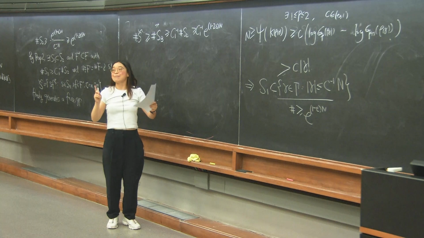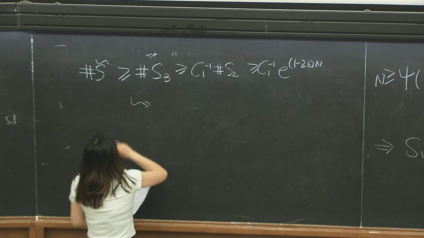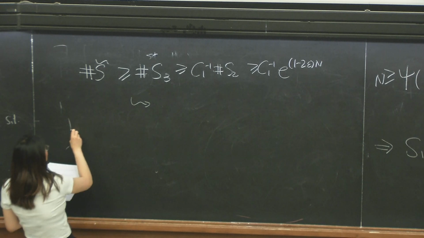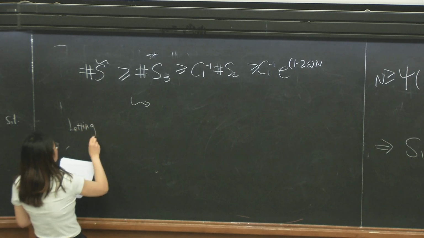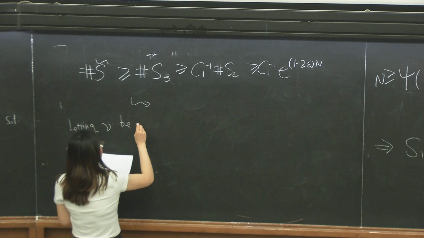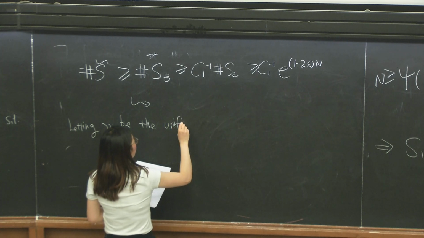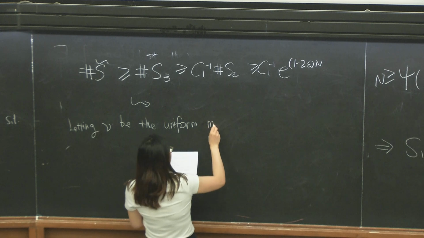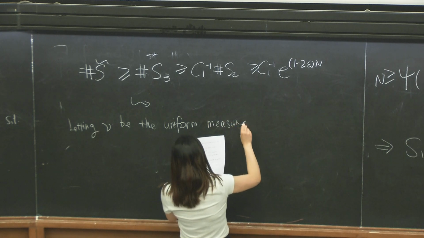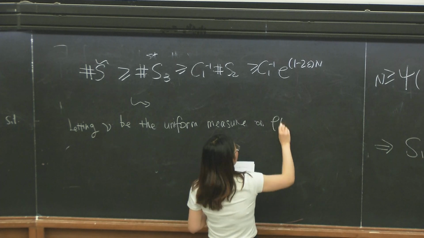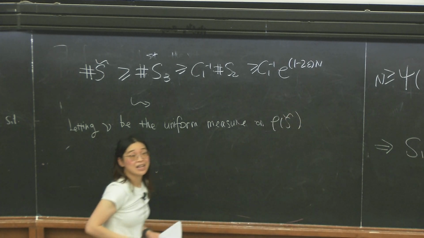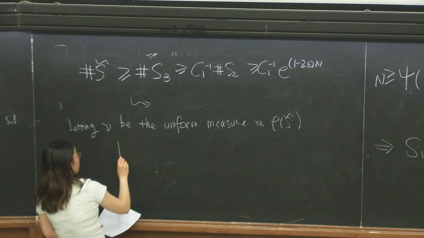And so this estimate is useful because what I'm going to do is letting this nu be the uniform measure on this rho of S tilde.